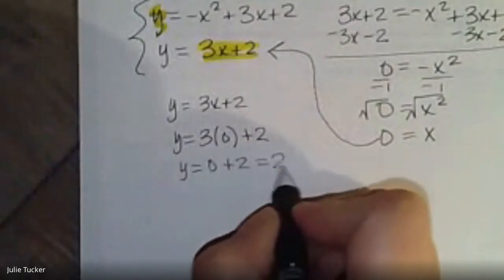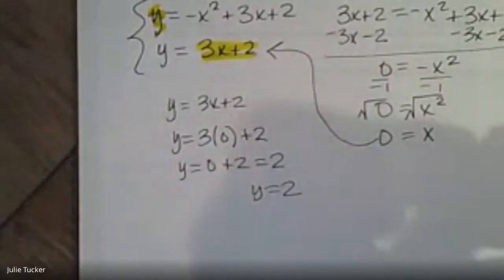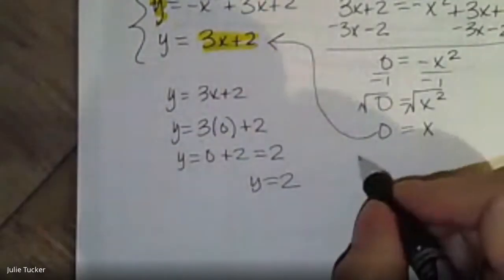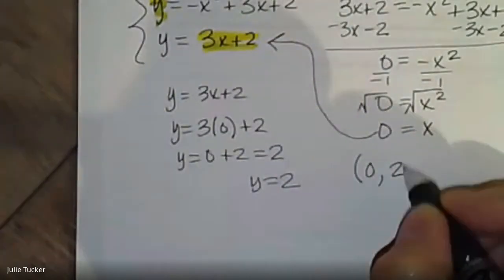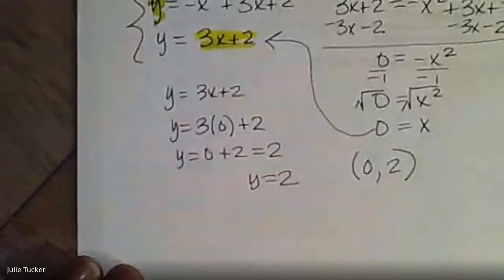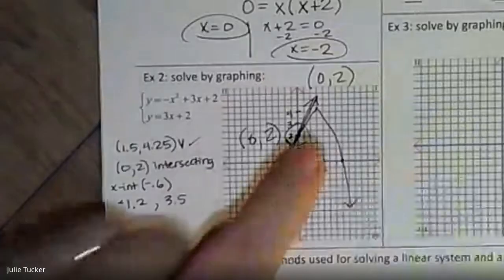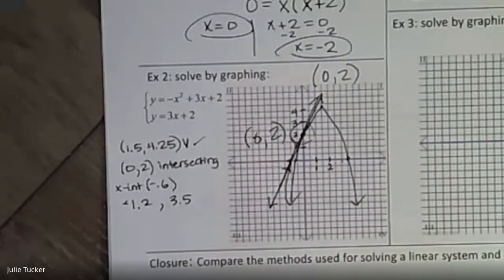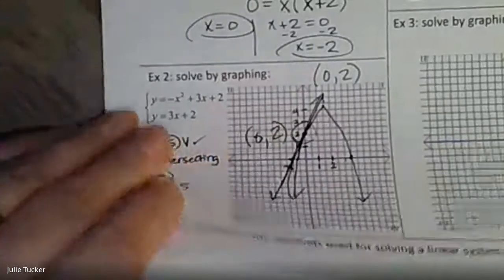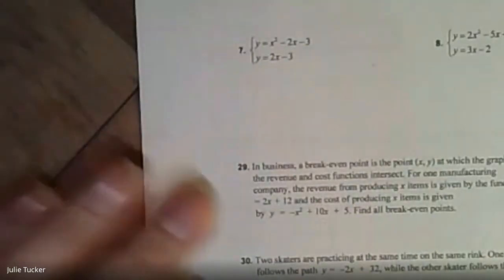So that would be 0 plus 2, which is 2. So y equals 2. So the answer would be 0, comma 2. And what did we get on our graph? We got 0, 2 on our graph. Okay, so that is how you do it. So it's not that tough, is it? It's actually kind of easy.